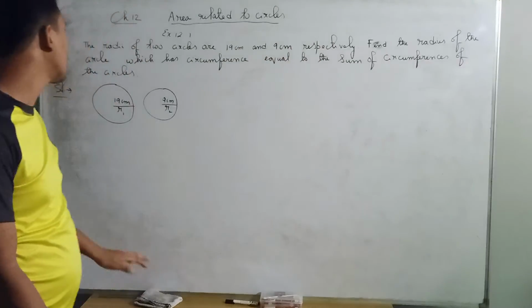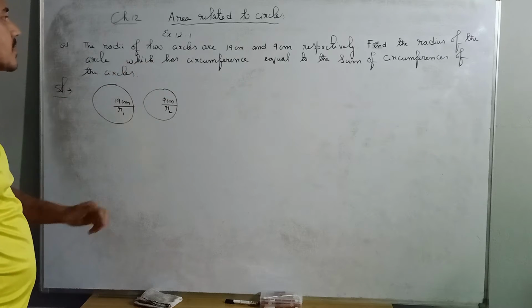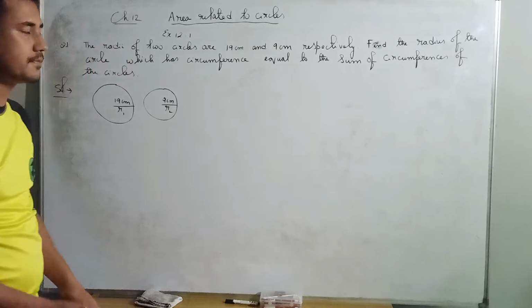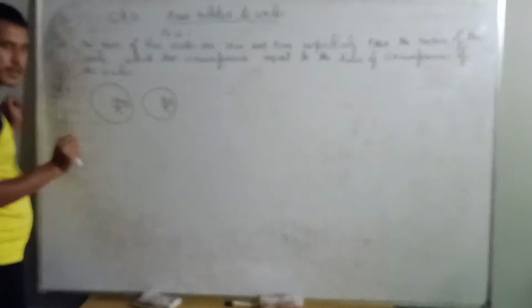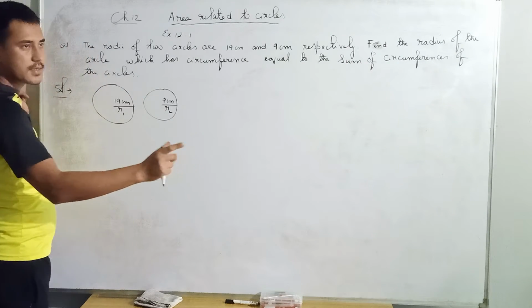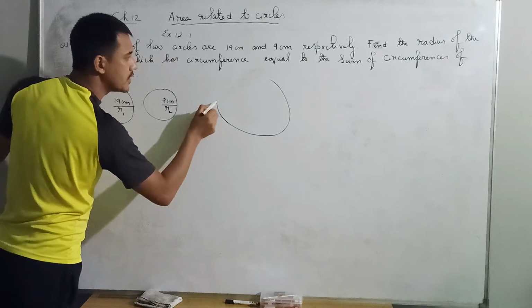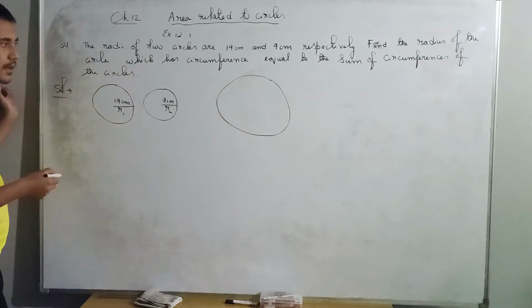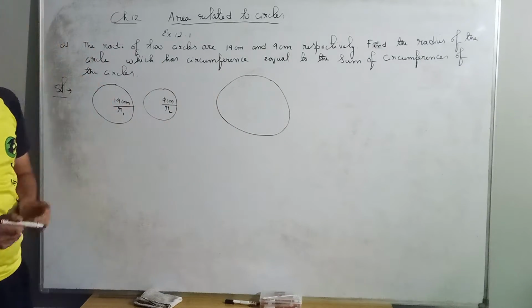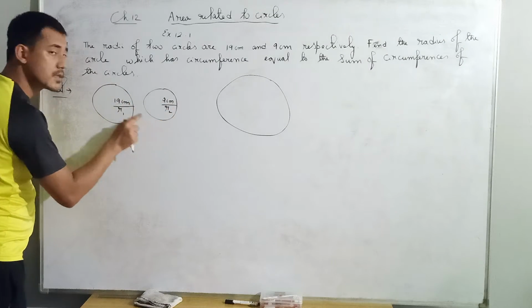Find the radius of another circle which has circumference equal to the sum of circumferences of the two circles. Now, the question is, we need to find out the radius of another circle, say the third circle. And the circumference of this third circle is equal to the sum of the circumferences of these two circles.